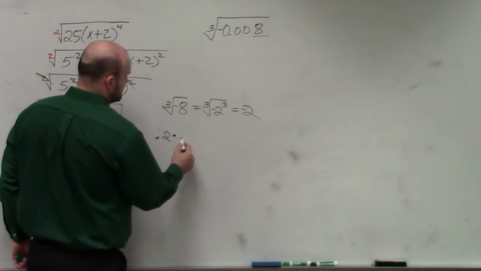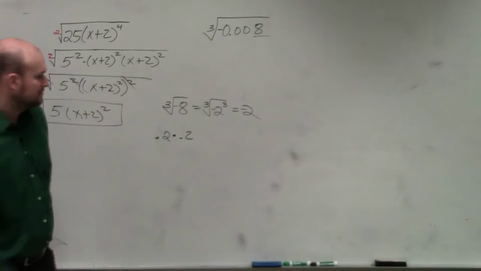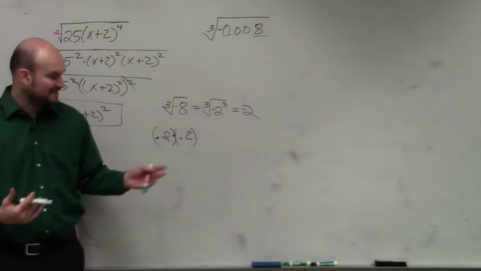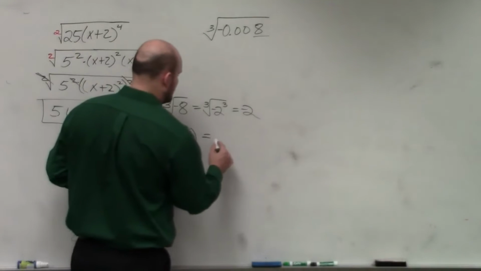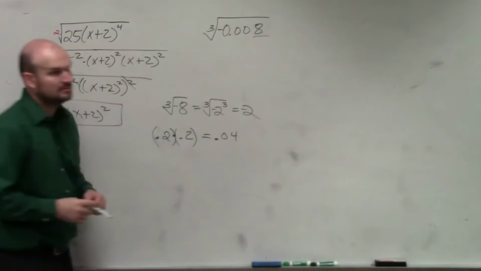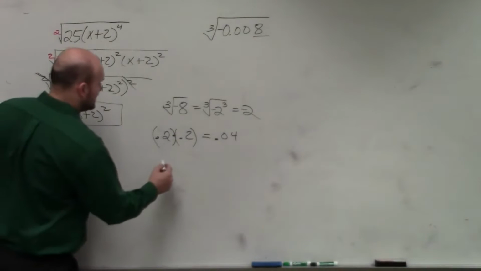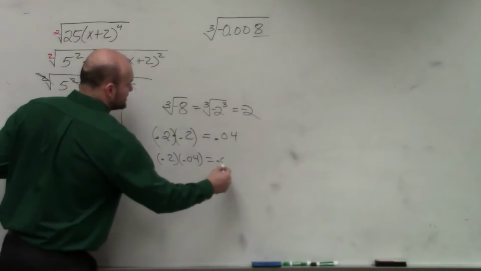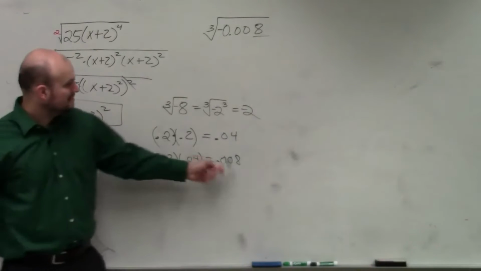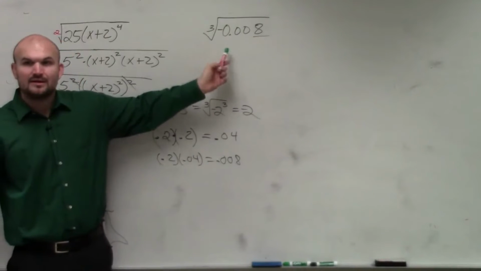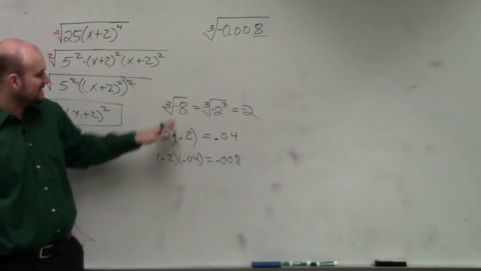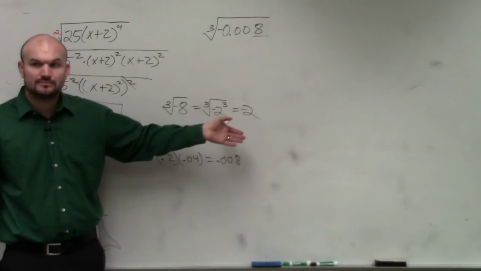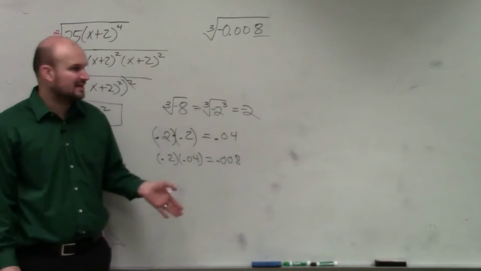First of all, if you multiply 0.2 times 0.2, our decimal places move over and we get 0.04. And if you multiply 0.2 times 0.04, that would give you 0.008. So it works. Okay? That's in your decimal operations, and I'm not going to get into decimal operations.